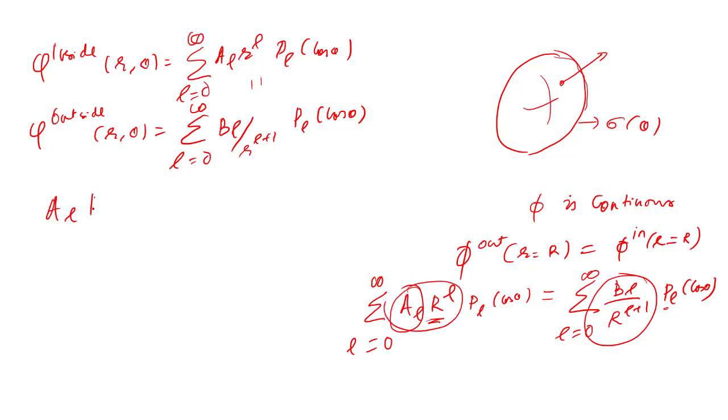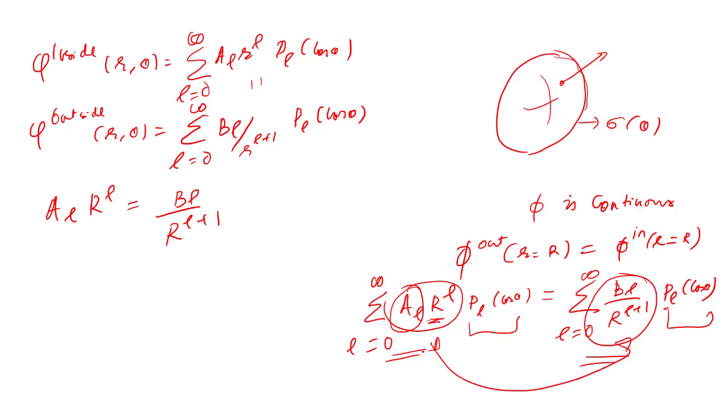We could write A_L R^L is equal to B_L by R^(L+1). These have to be equal term by term because these P_L cosine thetas are independent of each other, that is, for example, P_1 of cosine theta cannot be expressed as P_2 of cosine theta. It cannot be expressed in terms of any other function like x and y. And so each of these coefficients would have to be equal for this overall equality to work out.